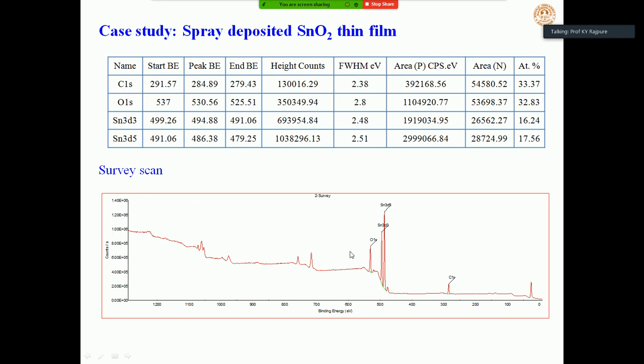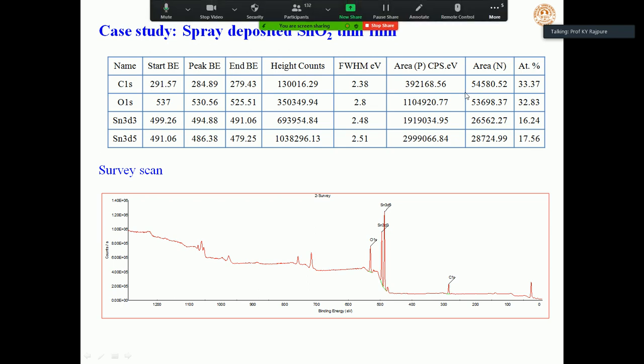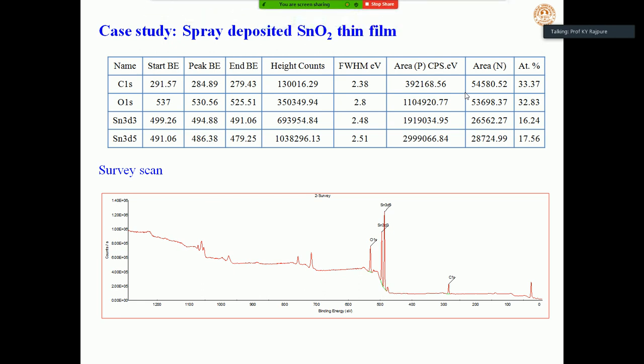In the survey scan, we always see carbon, because its presence is due to exposure of our sample to air before scanning; carbon contamination is bound to happen in XPS. Of course, there are ways to remove this, but here we have presented our original result.